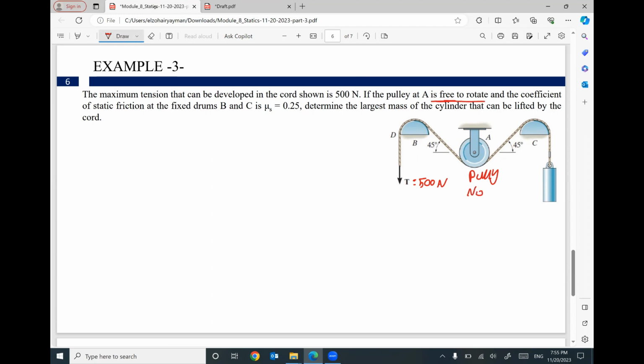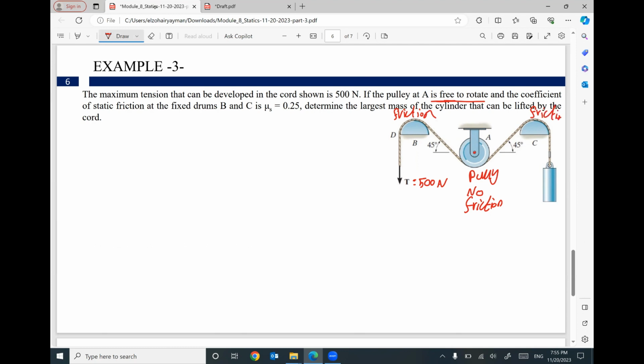So here, no friction at A, because we have a pin, and this pin will allow this pulley to rotate freely. So no friction at A. At B and C, we will have friction because we have a cord. This cord or this cable is rotating over this curved surface, and this surface is not rotating. So we have friction here, and we have friction here.